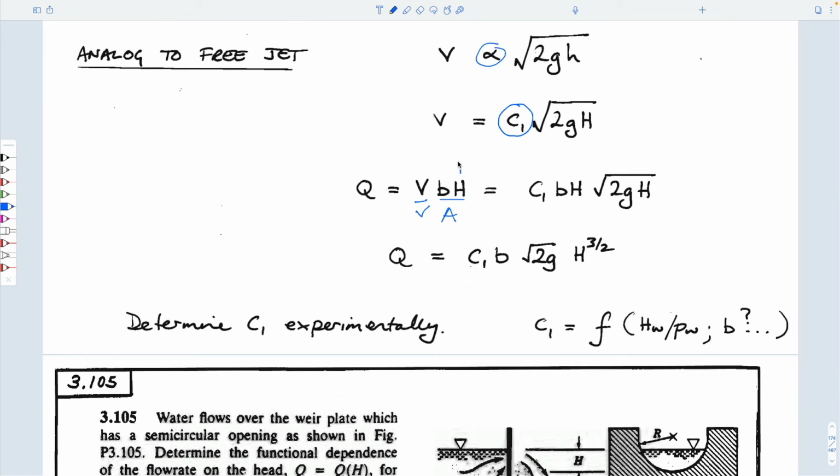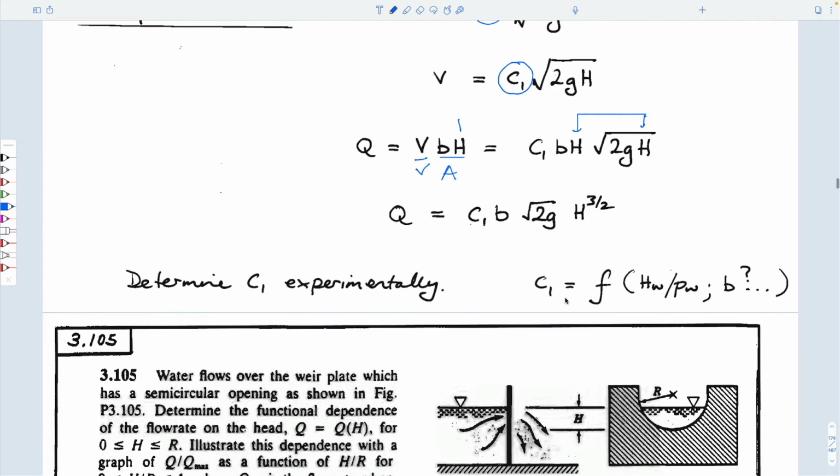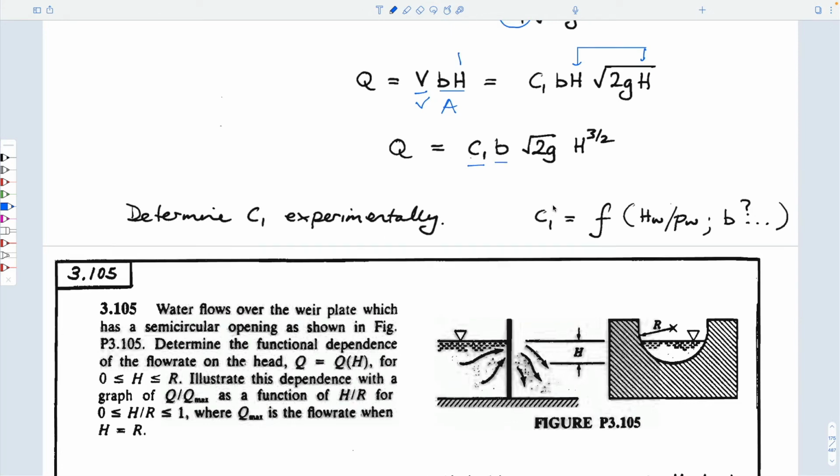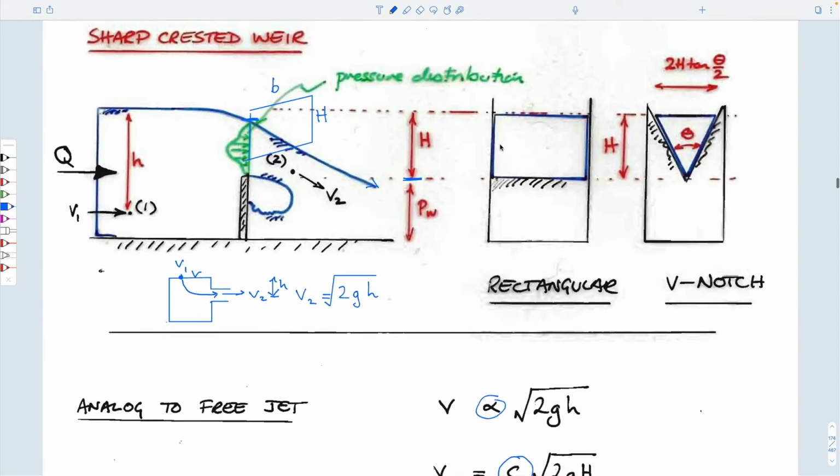You have these terms here, both inside and outside the bracket. And therefore you can take them outside and it becomes this. And so the idea is that if you know what this correction factor is, probably it's going to be close to 1. If you know the width of your flow, if it's not all the way across the river, it'd be the river width if it was across the river.